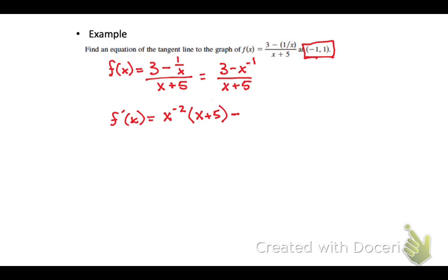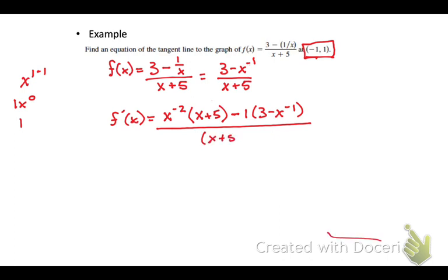It's just 1. Oh, yeah. Yes? Yep. Okay, so it's 1 times the numerator, all over x plus 5 squared.